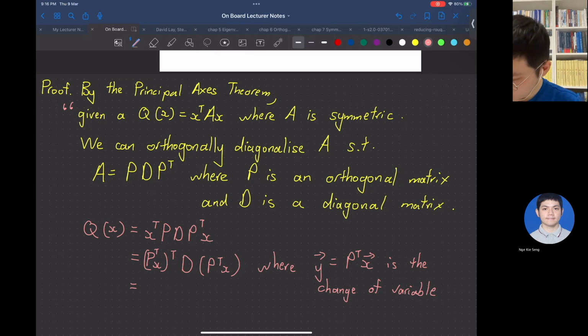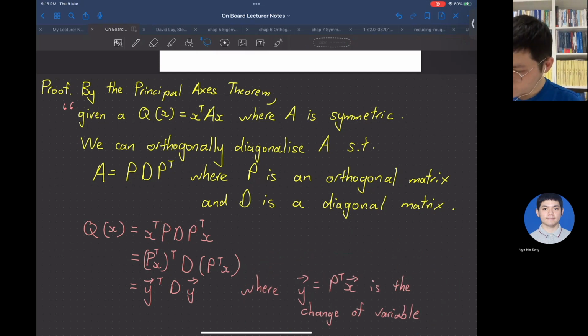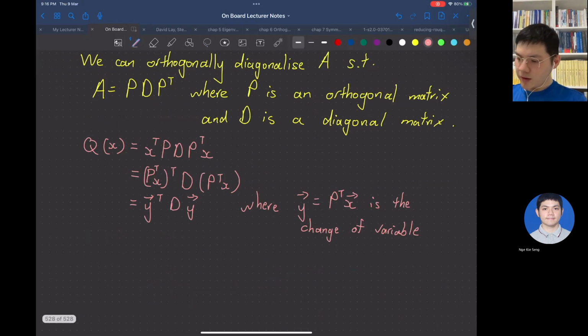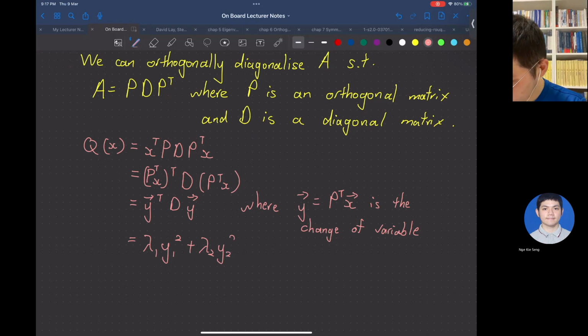Okay. So in this case here, we will see that actually this splits out into lambda 1 y1 squared, lambda 2 y2 squared, all the way up to lambda n yn squared.